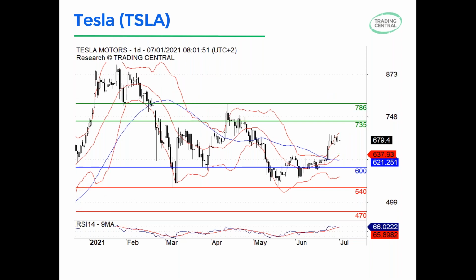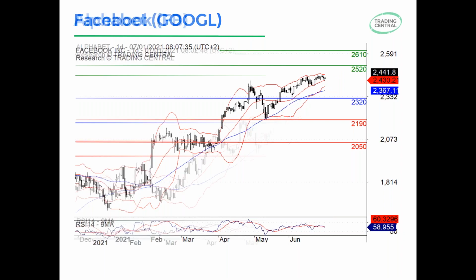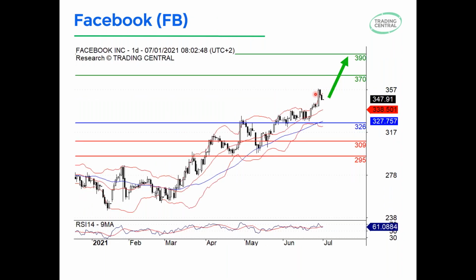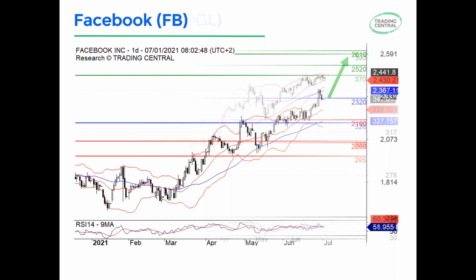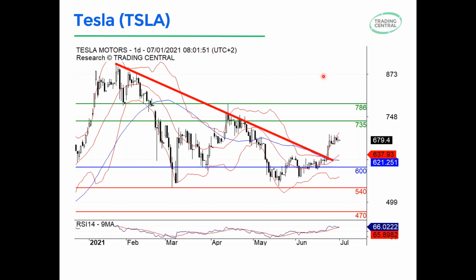Okay, what is the difference between the three stocks, Tesla, Apple, Amazon, when compared with Google and Facebook? Now, Facebook is around record high level. Google is around record high levels. Okay, how about Tesla? Tesla is not at record high level.